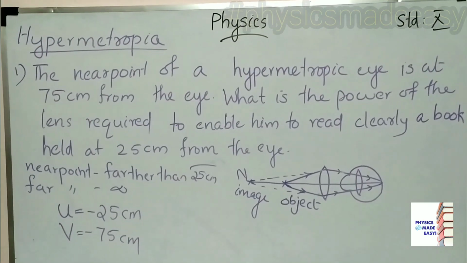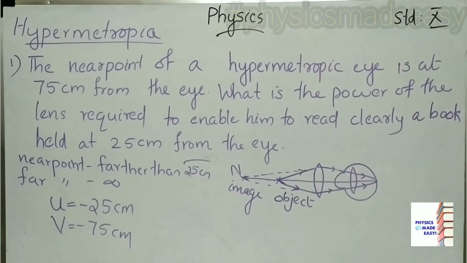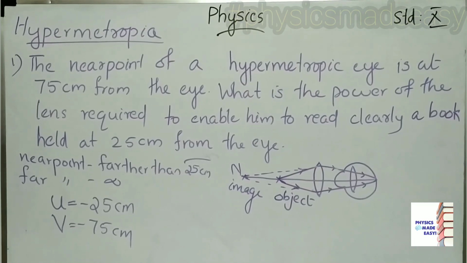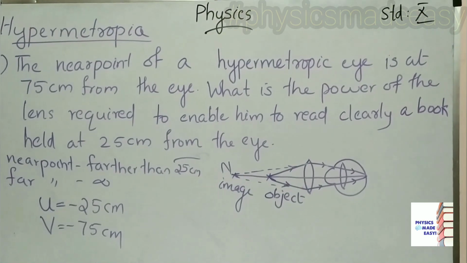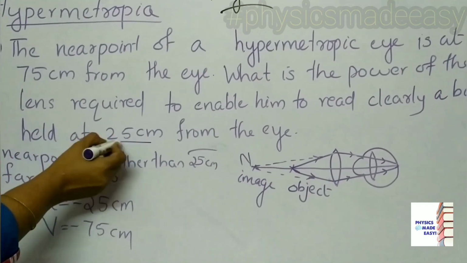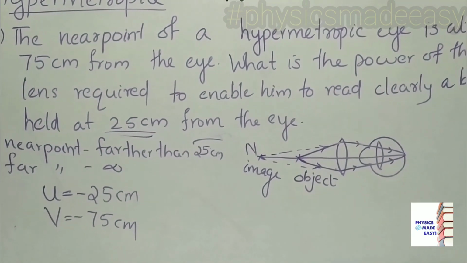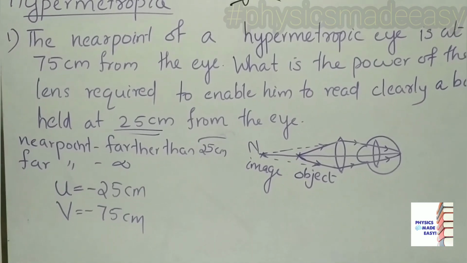Let us discuss hypermetropia. Here you can see a question. The near point of a hypermetropic eye is at 75 centimeter from the eye. What is the power of the lens required to enable him to read clearly a book held at 25 centimeter from the eye? You know that 25 centimeter is the least distance of distinct vision, the near point of a normal eye.